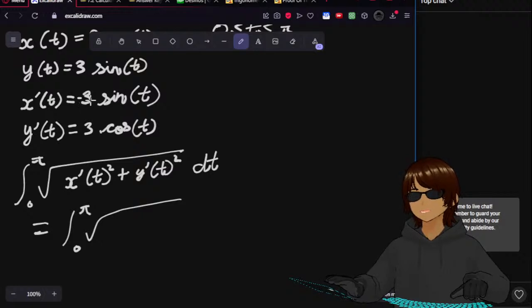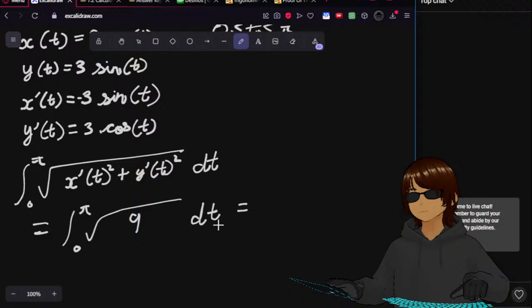So we have 9 sine square t, then 9 cos square t, and then we can extract 9 out. Yeah, left with plus minus 3.